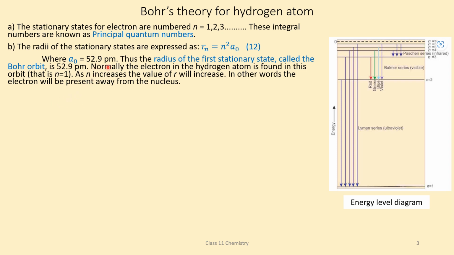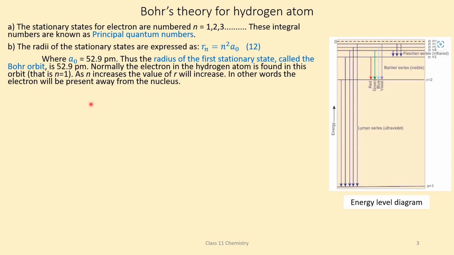Thus, the radius of the first stationary state is called the Bohr's orbit, and its radius is 52.9 picometers. Normally, the electron in the hydrogen atom is found in this orbit, that is n equal to 1.